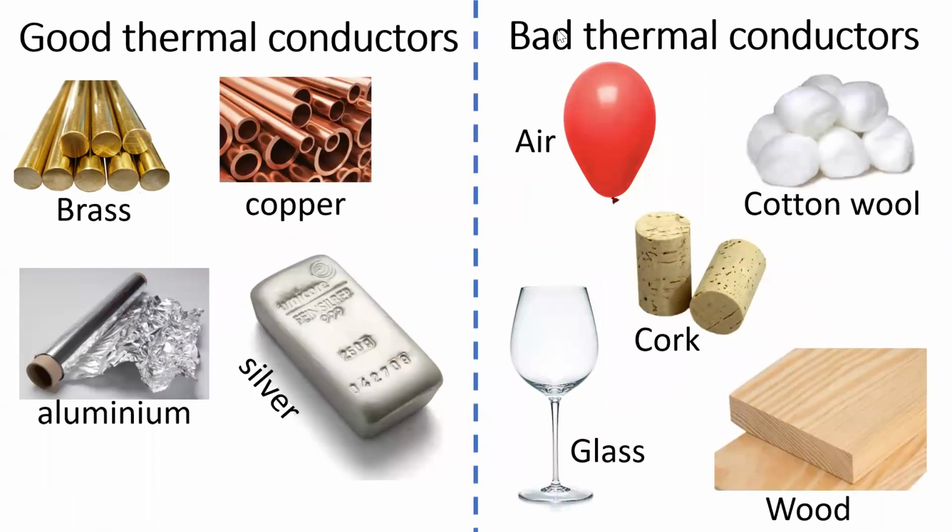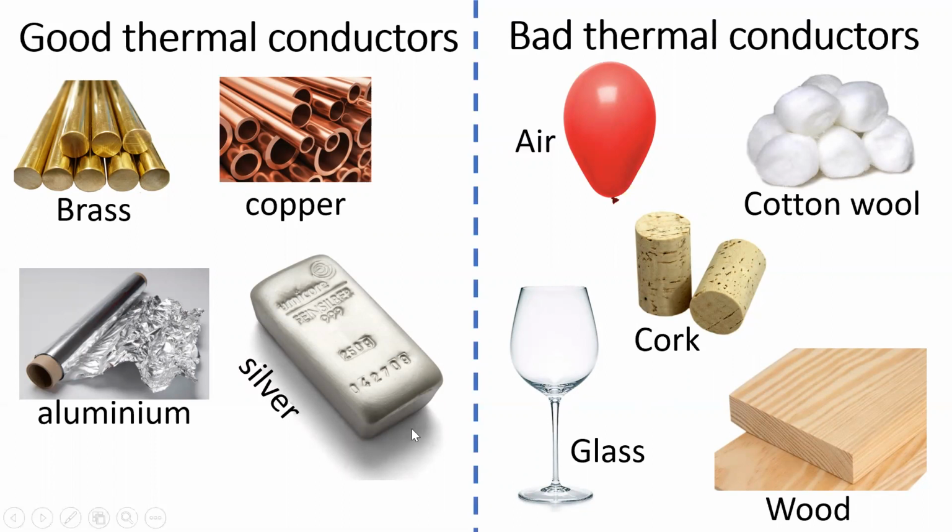Right, hopefully you would have had the following answer. Hopefully you said that brass, copper, aluminium and silver are good thermal conductors, whilst air, cotton wool, cork, glass and wood are bad thermal conductors.